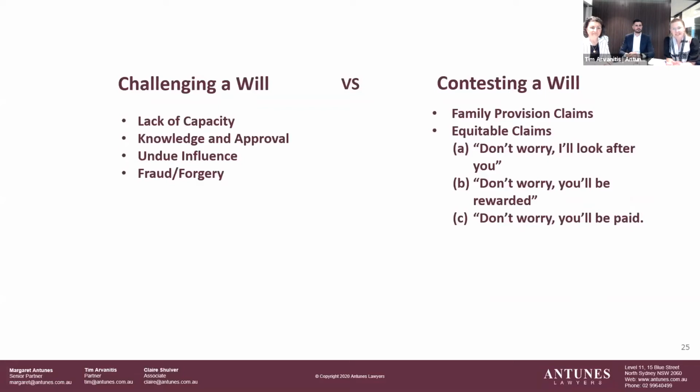The slight difference between fraud and forgery is fraud is usually where the will maker is still signing a document, they're still thinking they're signing something, but they've been convinced by somebody else that they're signing a particular thing when that is not the case. So there's some sort of fraud that's been placed. It's usually, again, a beneficiary saying, oh, this is just some document I need you to sign, but it's actually a will. It's those kinds of cases that come under fraud.